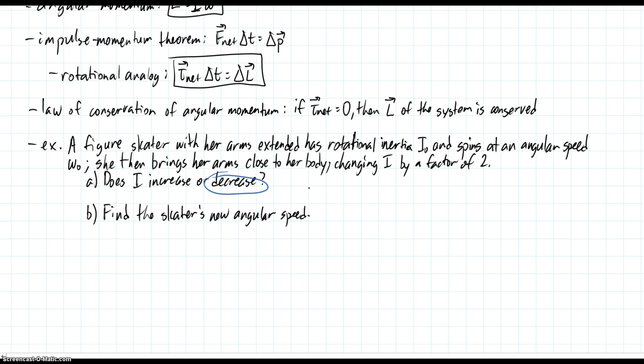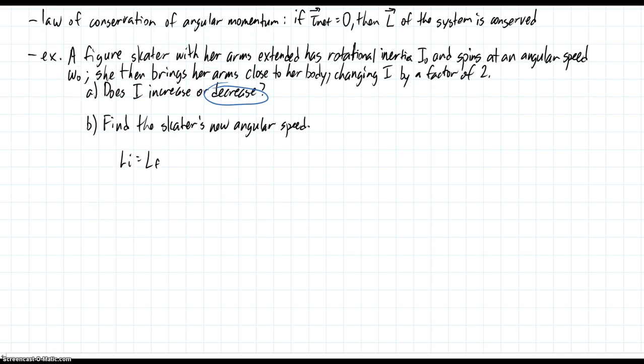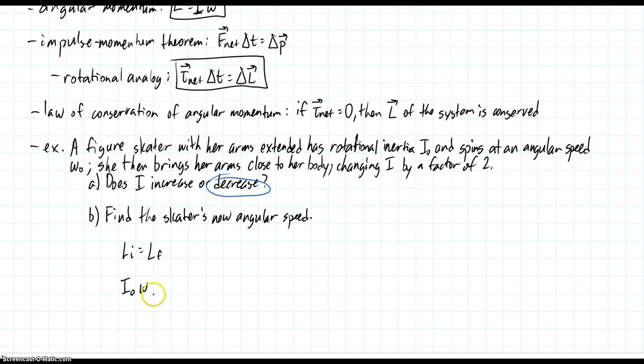there's no net torque acting on her body during this process, so the angular momentum of the system, in this case the skater, is conserved. So L initial equals L final, or I naught omega naught equals I final omega final.